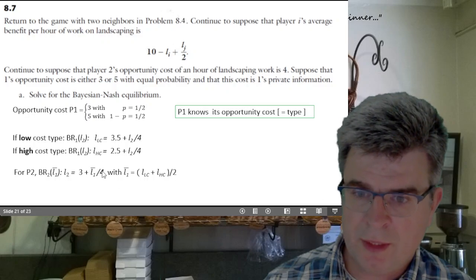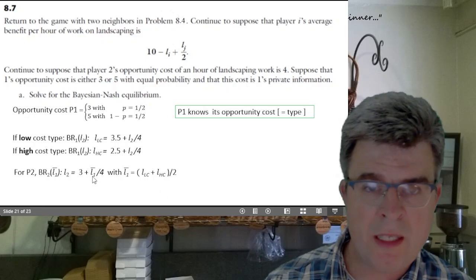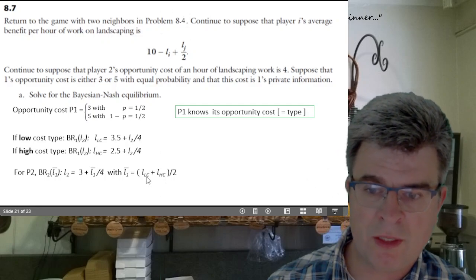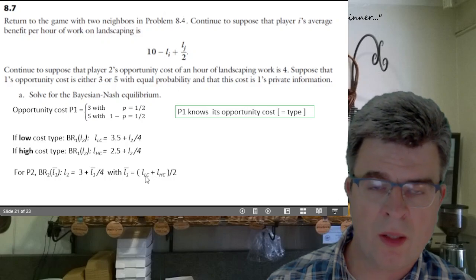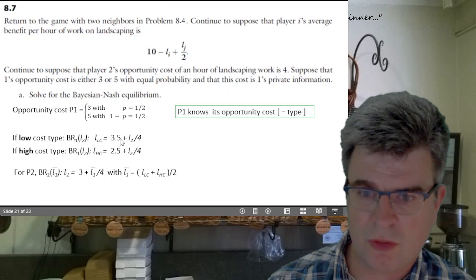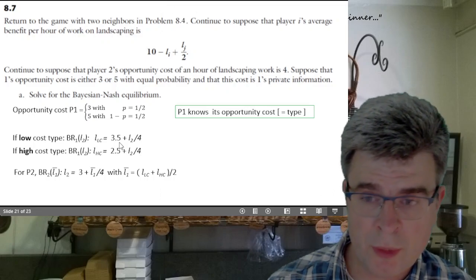And once you know this, then you can replace the L1 bar by this expression, and then you can also replace the LC and HC best response functions by the expressions over here. We do that in the next step.